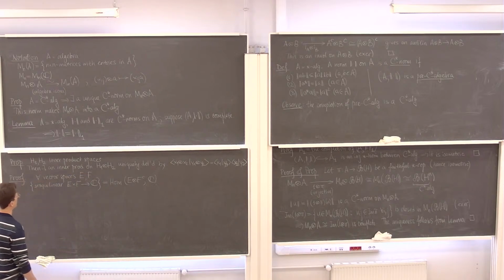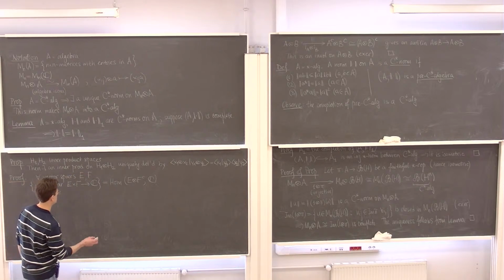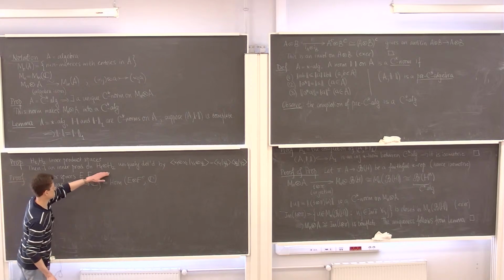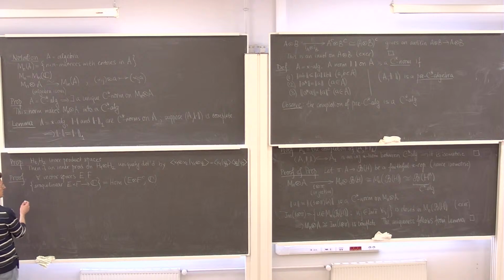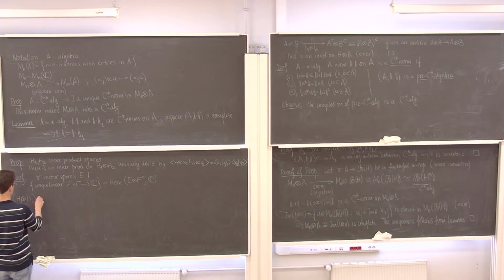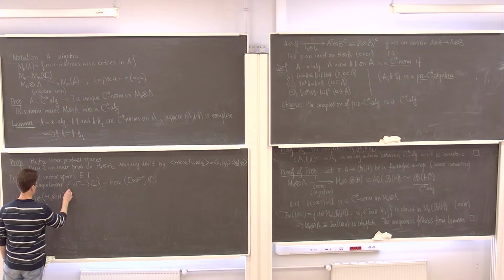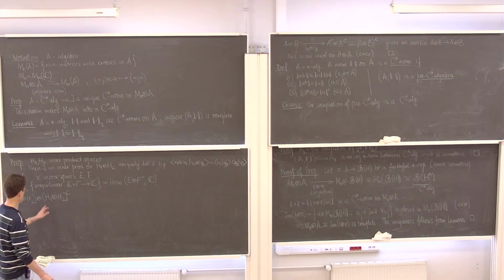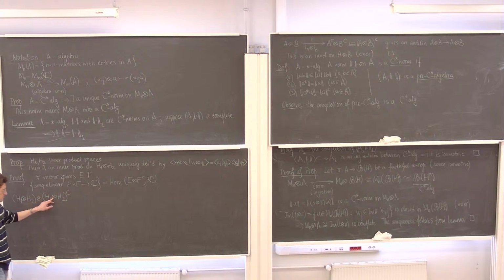Okay, now to define an inner product on the space, we do the following. We take the tensor product of the space by its conjugate. And we have to define a linear functional on the space, that is, a linear map to the complex numbers. Again, we use the fact that the tensor product commutes with complex conjugation.